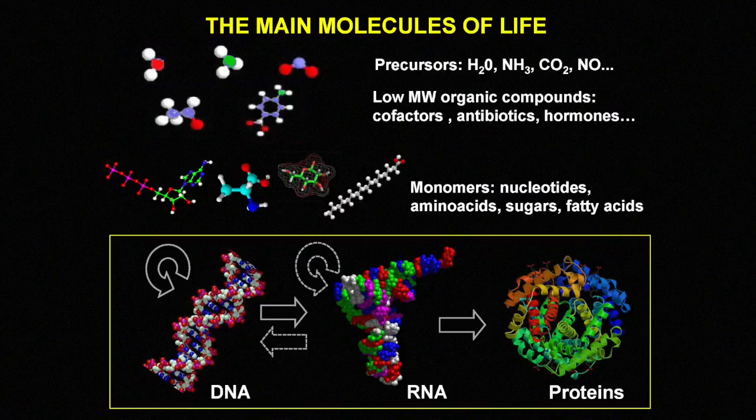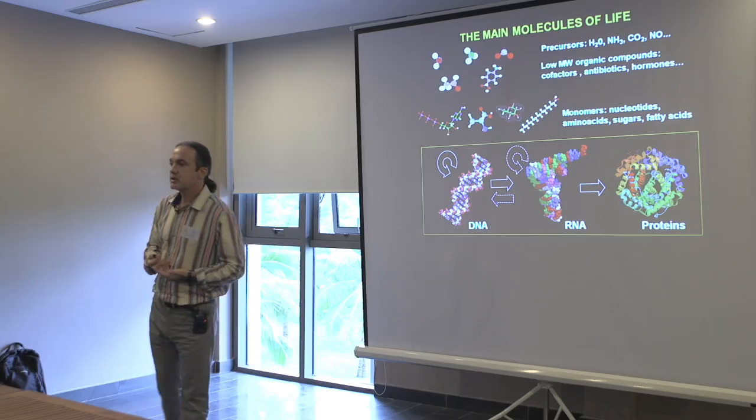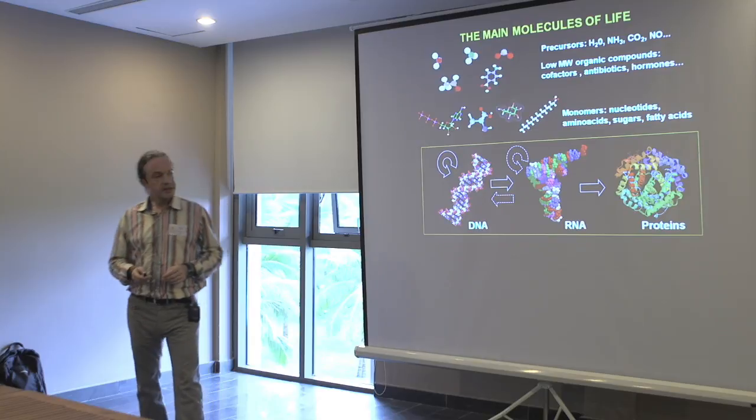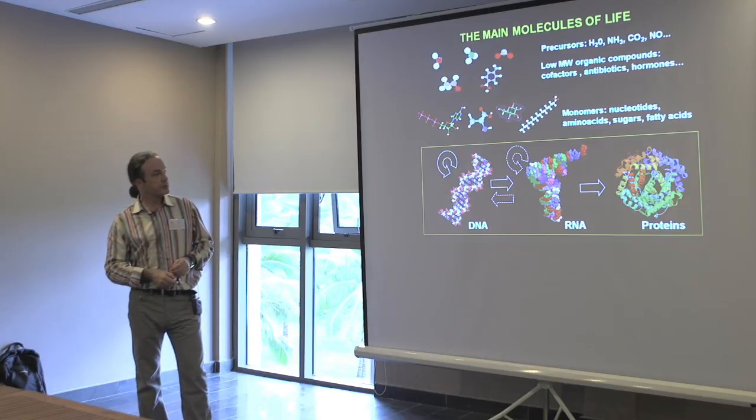So this would be the overall picture of the flow of genetic information in our biosphere. Okay? Then we will talk a little bit about the point that viruses can be considered or not as living beings. This is another issue. Okay? But this is the overall picture.